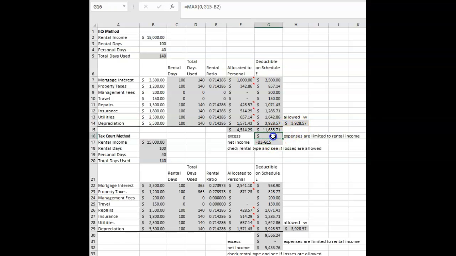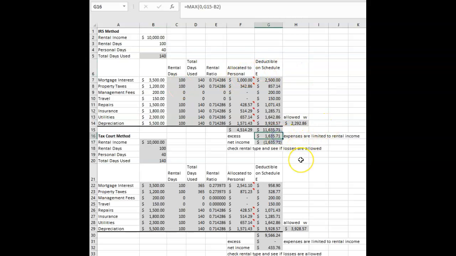Now the net income, the allowed expense, the allowed deductions, like I said, can't exceed the amount of income. So what I've done here is, let's put this at $10,000.